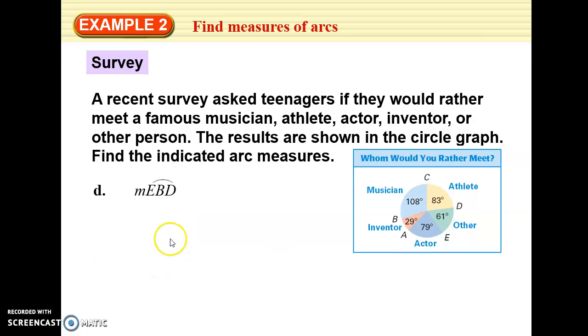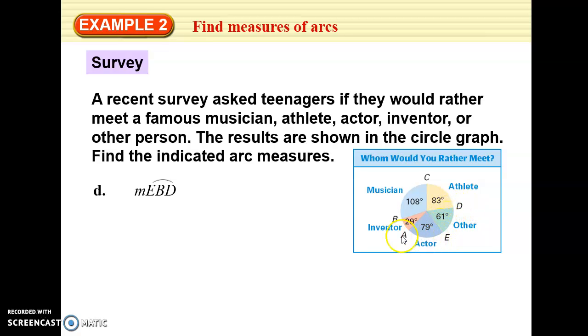Now, A, B, and D. In this direction, A, B, and D. We may do this by adding also: 29 plus 108 plus 83 will be a result. Except, sorry, 79. But also the easy way is 360 all around minus 61.